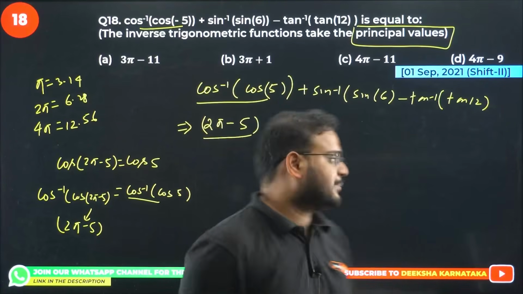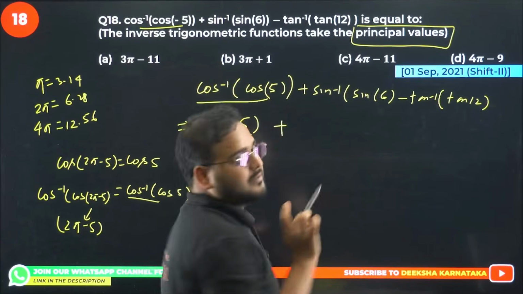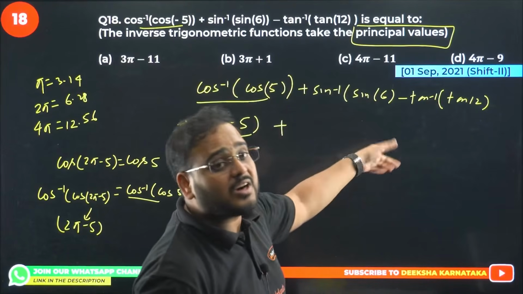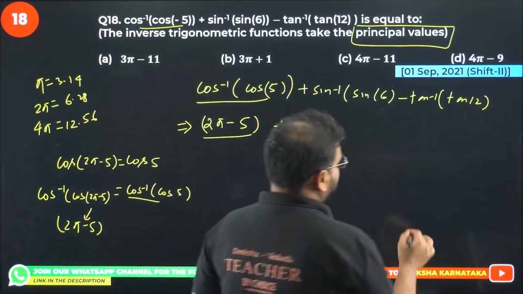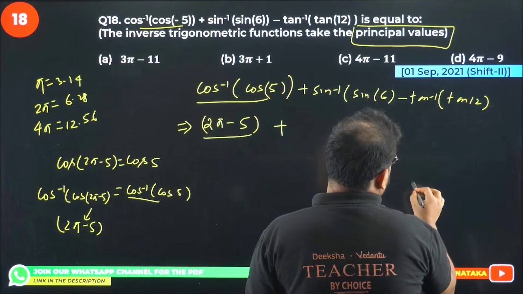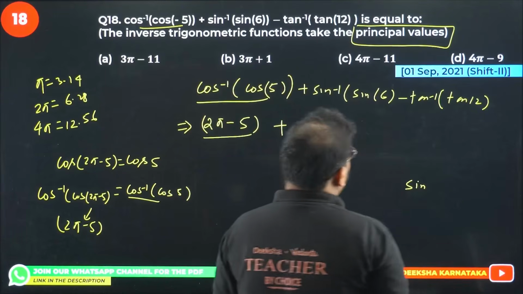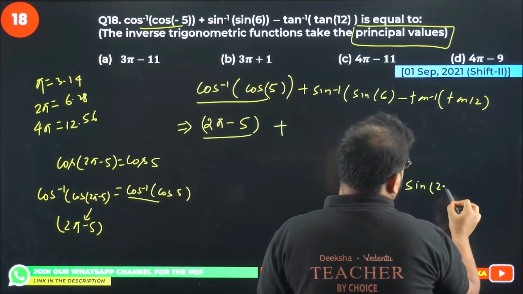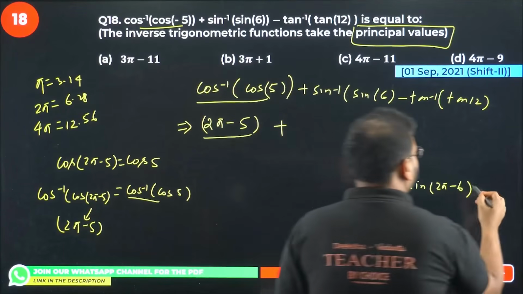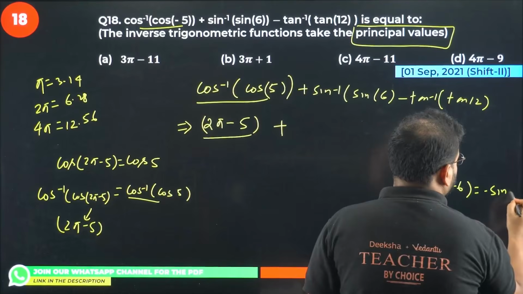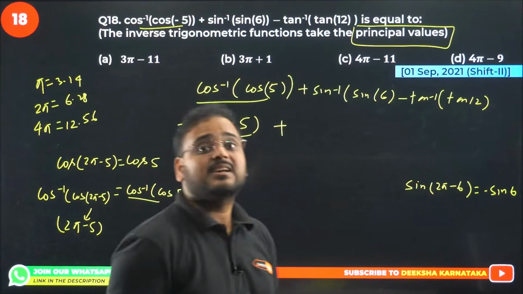Yes. Next step. Now in this case you have to be careful, because sin inverse of sin 6 is not 6 or 2 pi minus 6. I'll show you why. Sine of 2 pi minus 6, what is the answer going to be? It's going to be minus sine 6.